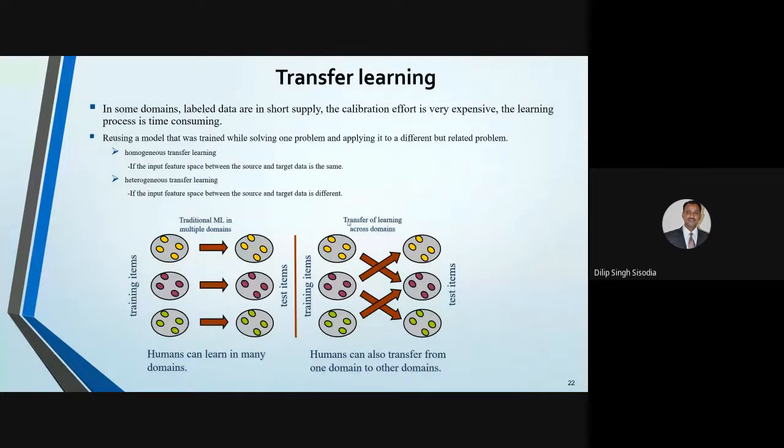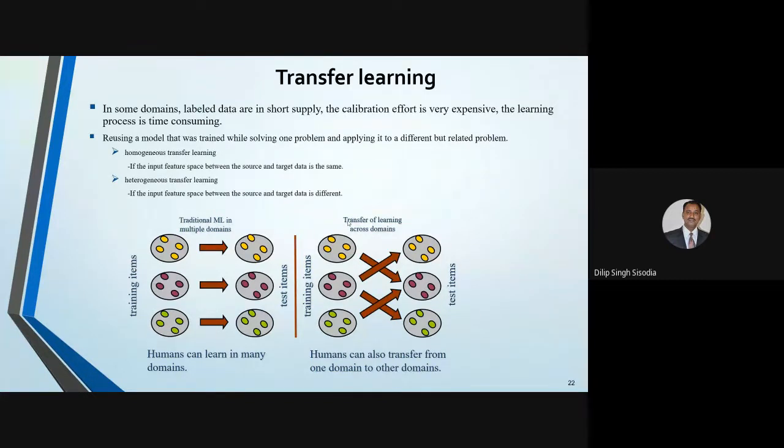So the next is transfer learning. In transfer learning, if we have knowledge of one domain, we can transfer this knowledge to another domain. In some domains, labeled data are in short supply, calibration effort is very expensive, and the learning process is time consuming.